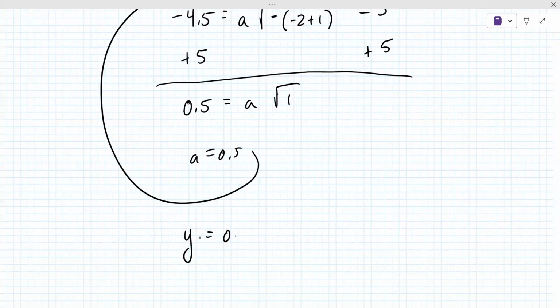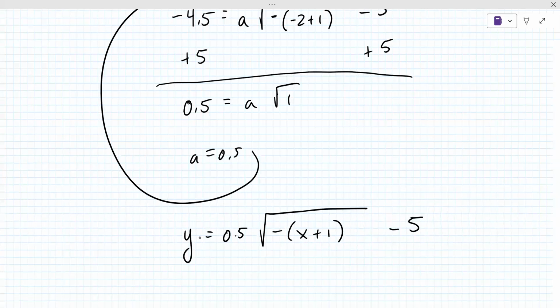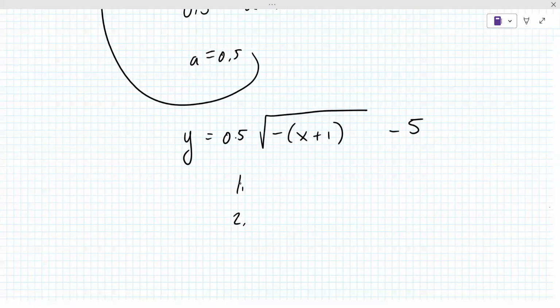That is showing that the graph was shrunk by 0.5, reflected horizontally, moved to the left by 1 unit, and moved down 5 units.